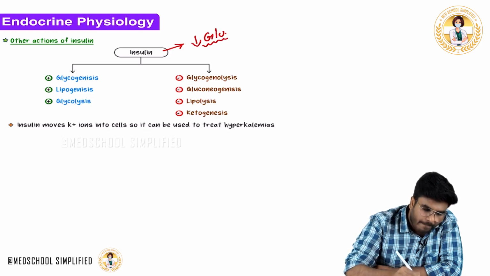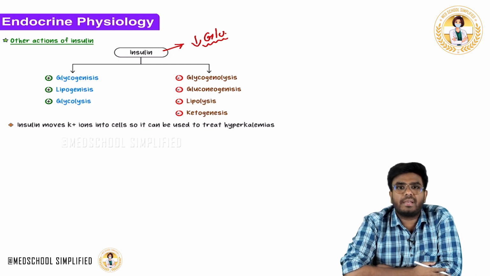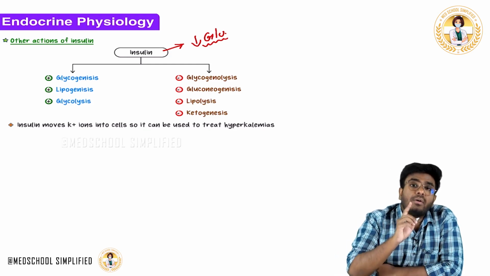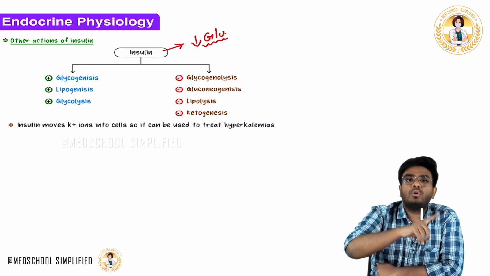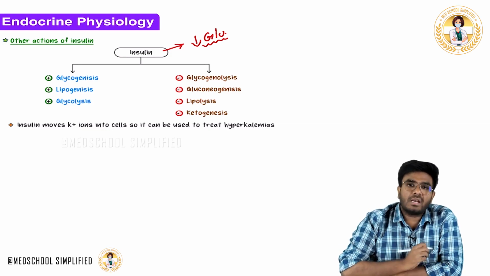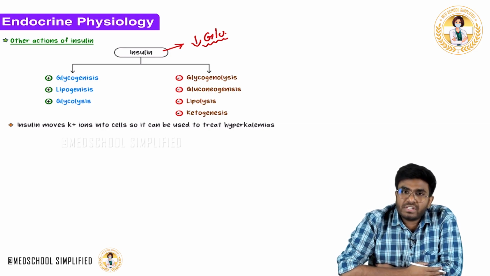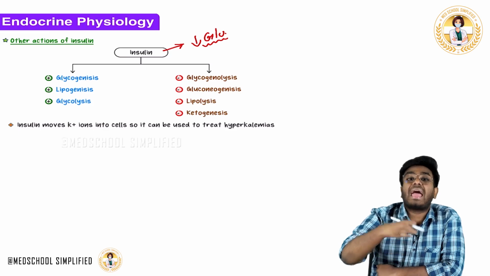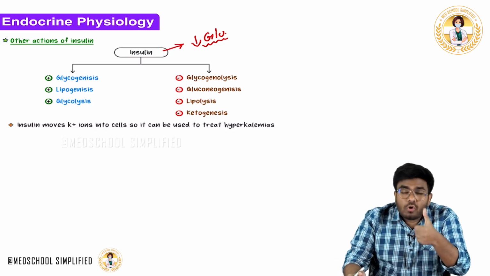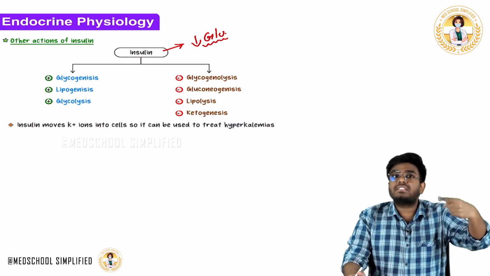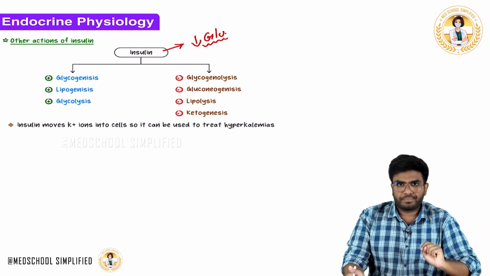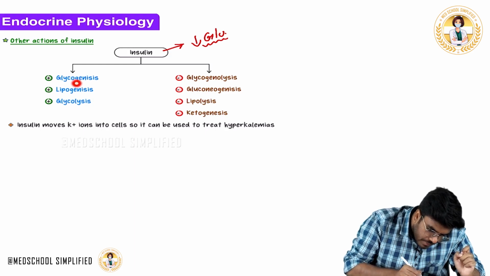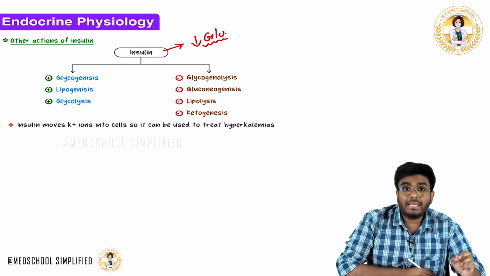So all those biochemical reactions which will decrease the blood glucose levels are activated, and those biochemical reactions which increase the blood glucose levels are inhibited. So now first look here, guys, insulin is stimulating glycogenesis.